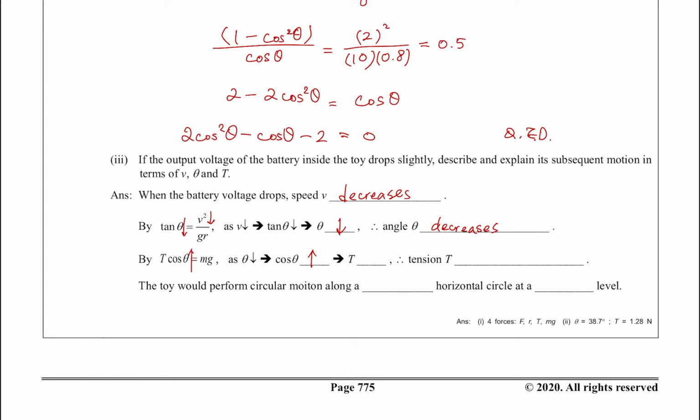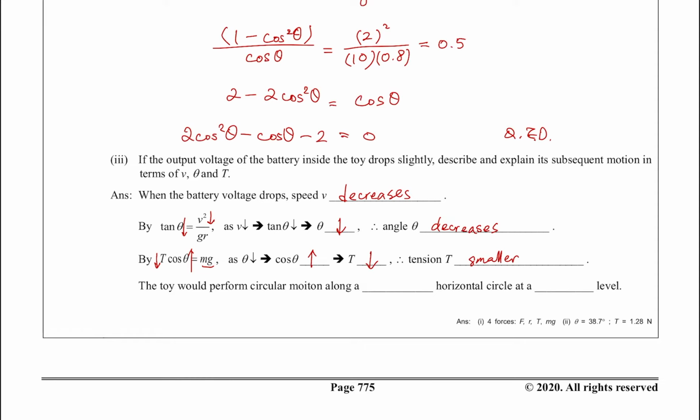When theta decreases, the value of cosine theta does not decrease, but it increases. So now the right hand side mg is not changed. So if one thing on the left hand side increases, the other thing will decrease. Tension becomes smaller.